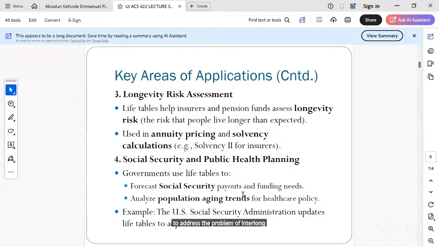Because no matter how much you save in your retirement savings account, there's this possibility that if you live for a very long time, you might outlive your savings in the retirement savings account you draw down from.